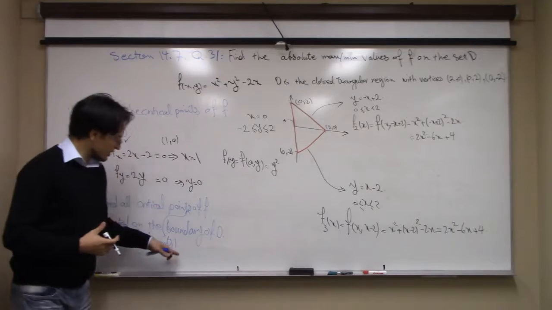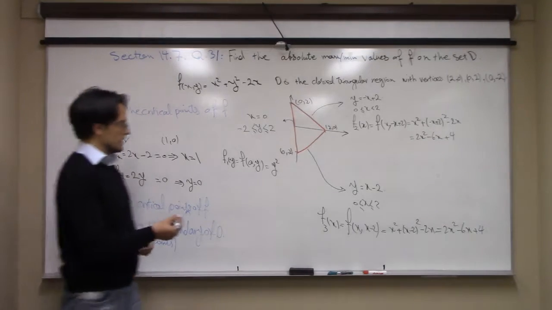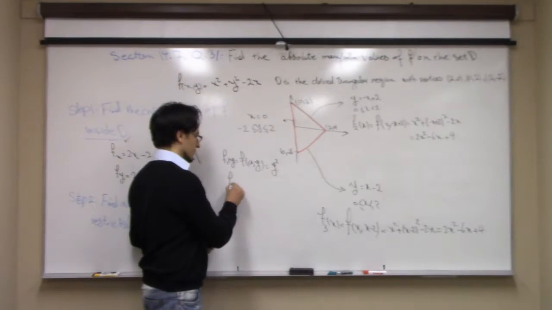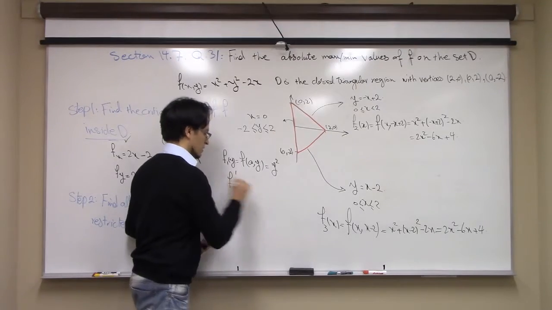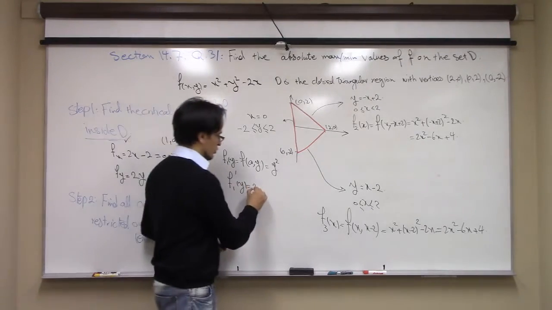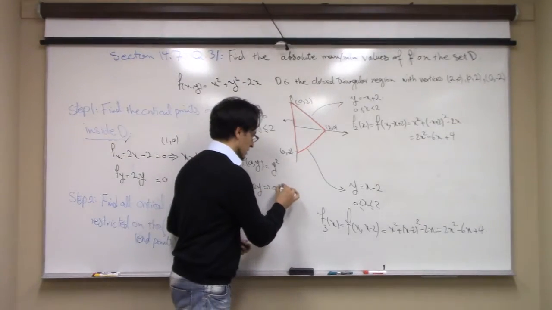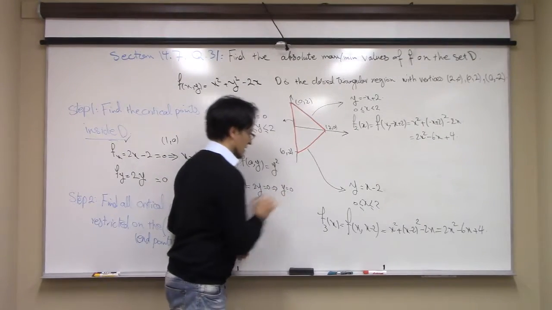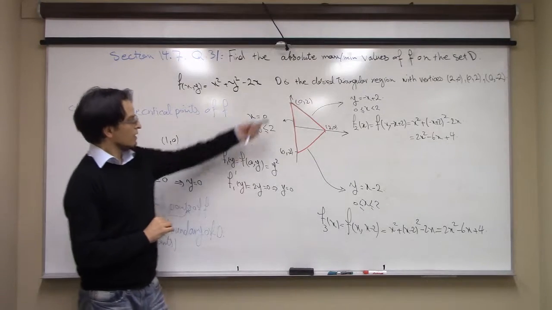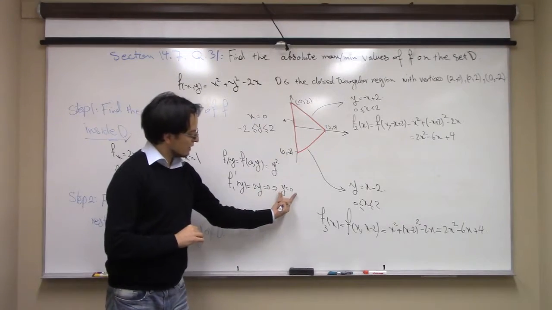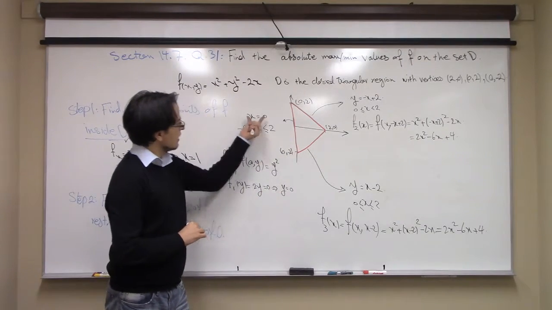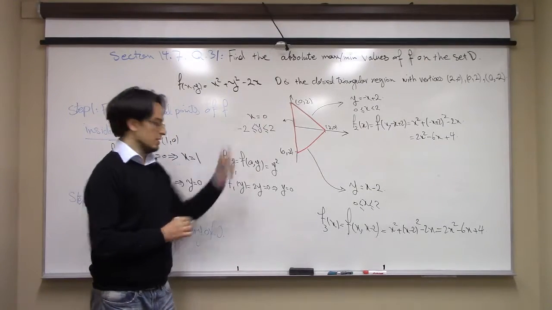If I want to find the critical points and endpoints, that means finding the derivative of each part. The derivative of this piece is 2y. Set it equal to 0, and that gives us the critical point when you restrict to that piece. So y equals 0, and I know that x is equal to 0 already.